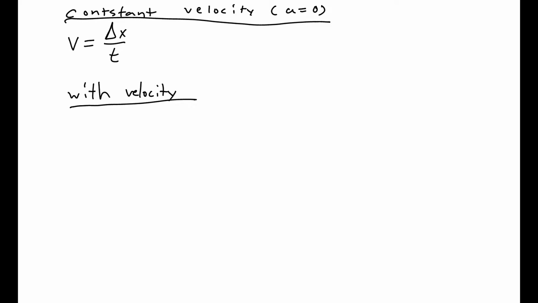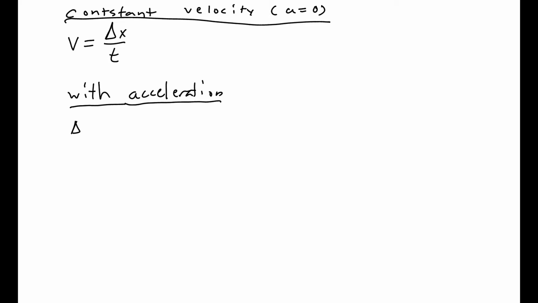Alright, so as I said before, the constant velocity equation is v equals delta x over t, so that's velocity equals displacement or distance over time. And this should not be with velocity, it should be with acceleration. There are 4 of these.